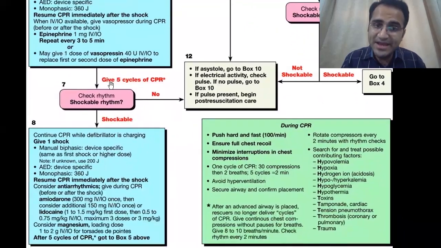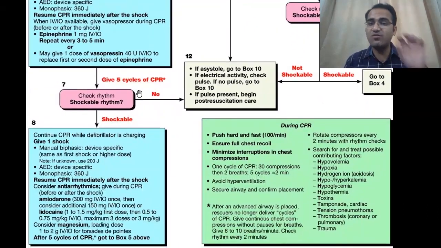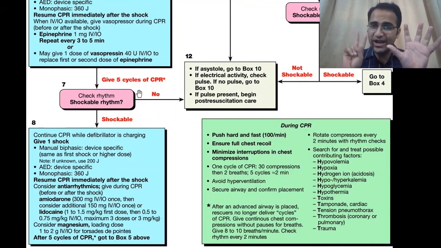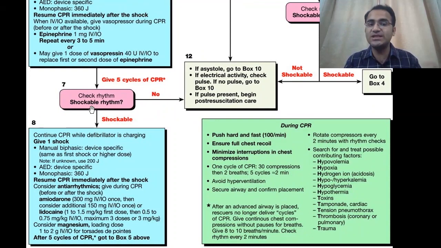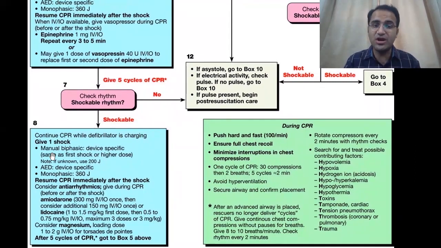Then you again repeat 5 cycles of CPR with 30 chest compressions and 2 breaths, 2 ventilations. And then again you check whether that rhythm is shockable or not. If the rhythm is shockable, then you give the shock again. Depending upon the shock, you either increase the dose or you give the same dose. And then you resume CPR, and now you consider giving anti-arrhythmic drugs.